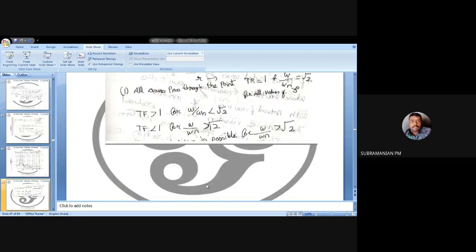So go through this, and you can see in this curve that all the curves, for different values of damping, will be passing through one point. That point is root 2, that is, frequency ratio root 2. At that point my transmissibility ratio will be 1.